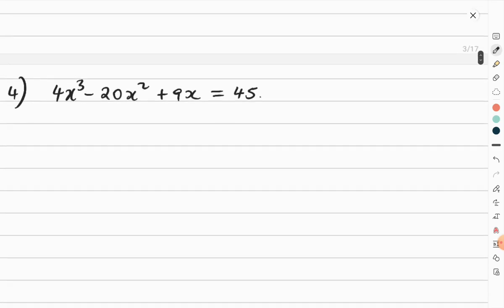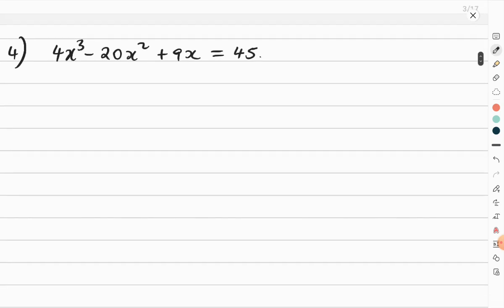Then let's check number 4. Number 4, I think we can just take this 45 to the other side, so we have 4x cubed minus 20x squared plus 9x minus 45, which is equal to 0. Then we can also group the terms, the first two terms and the last two terms.